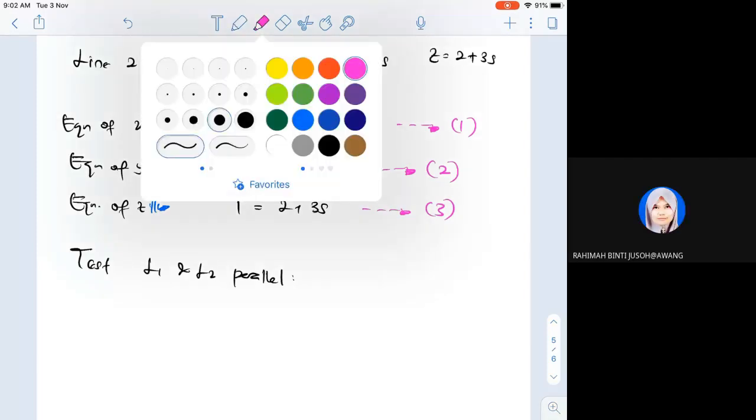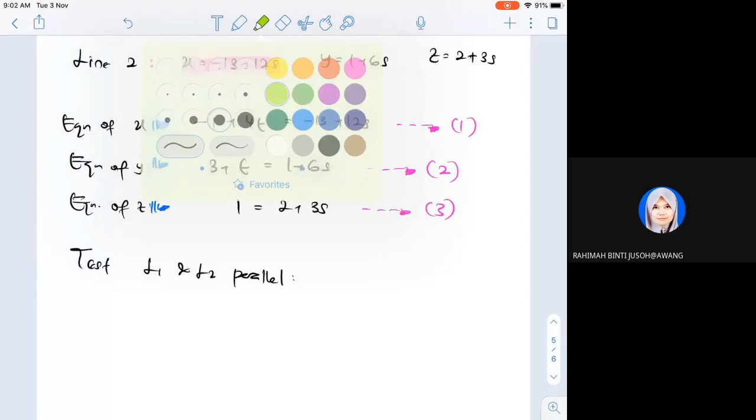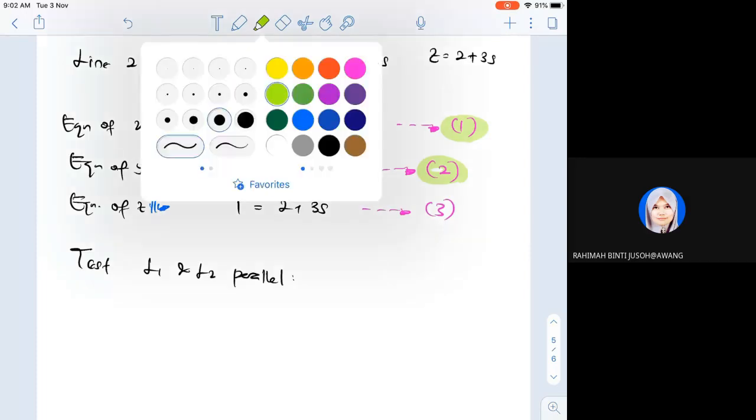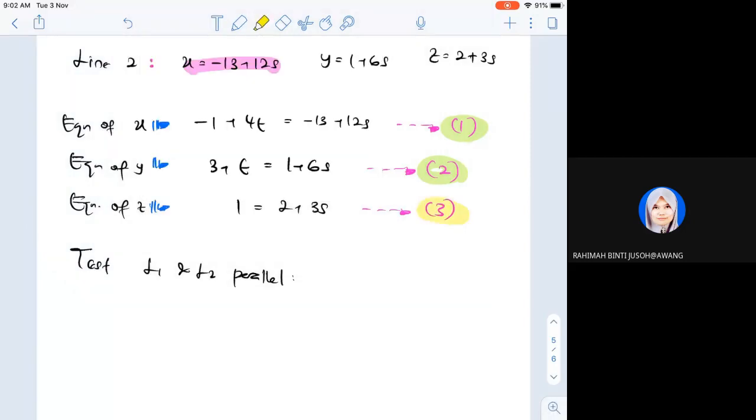If you solve equation 1 and equation 2 simultaneously, you will get the values of t and s. Then you need to test whether the values of t and s fulfill the third equation or not. If they fulfill the third equation, then we can say yes, both lines intersect.